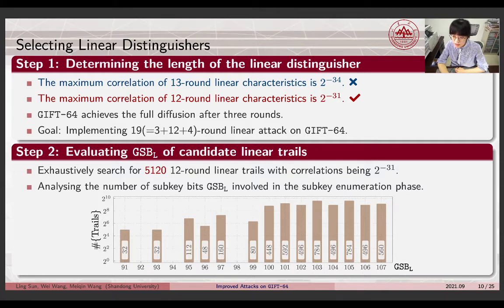Note that the maximum absolute value of the correlation for a 13-round linear characteristic is 2 to the minus 34. Given the weak linear hull effect of GIFT-64, we conjecture that there is no 13-round linear distinguisher actualizing a valid linear attack. So we manage to use a 12-round linear approximation to launch key recovery attacks.